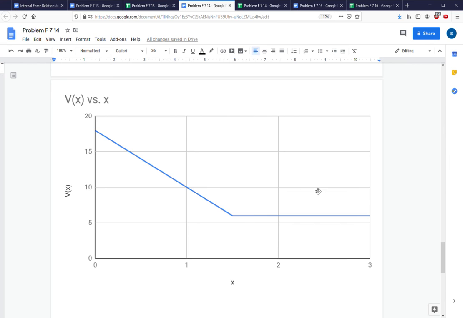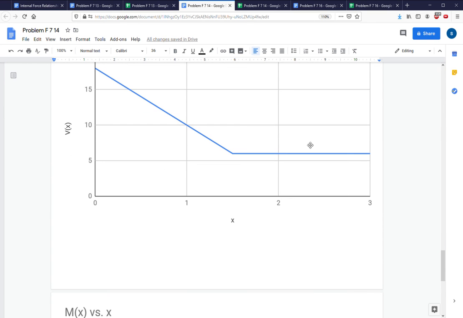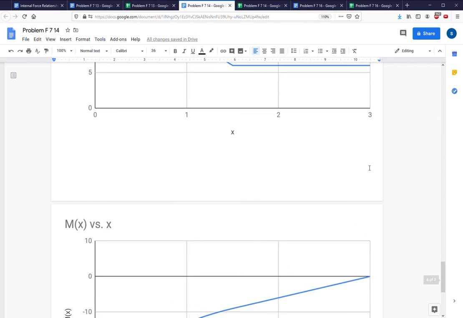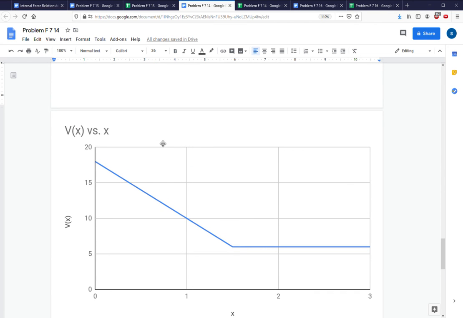So for this second segment, moment should be moving upward with a constant slope because V of x is constant. And if we look at here, we see yes, for this segment of the graph, it's constantly sloping upward. For this segment of the graph, because V is always greater than 0, moment will always have a positive slope.